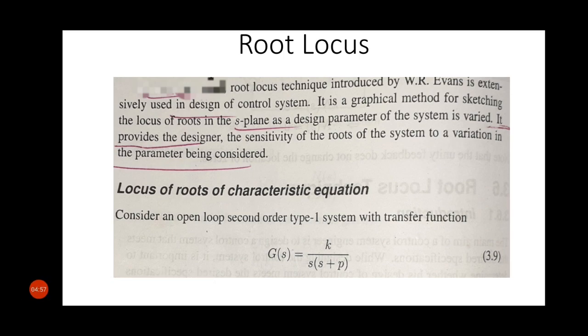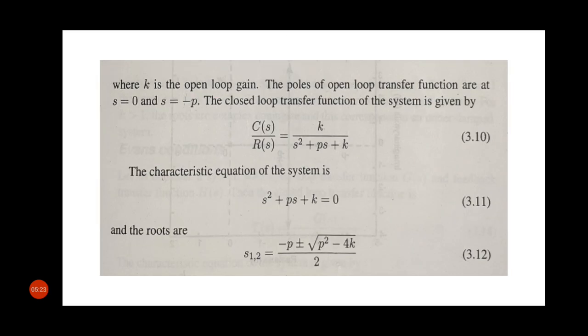Now we will see how we will draw the locus of roots of the characteristic equation. Consider an open loop second order type 1 system with transfer function G(s) equal to K divided by s into (s plus p), where K is the open loop gain.